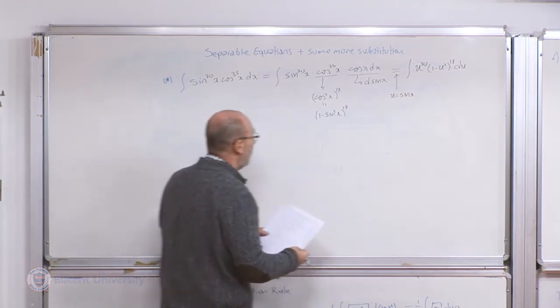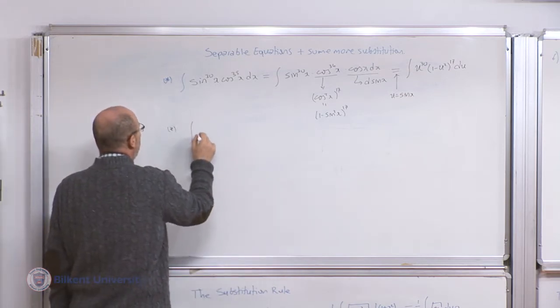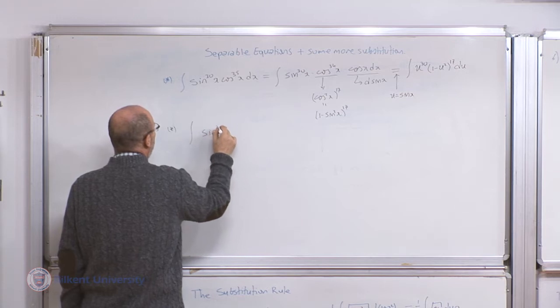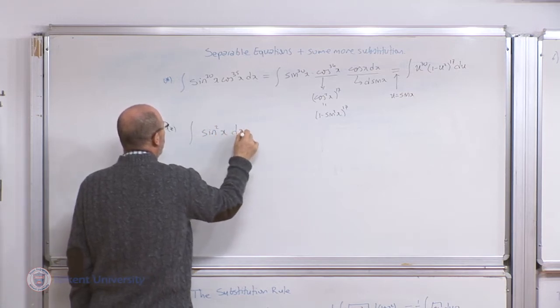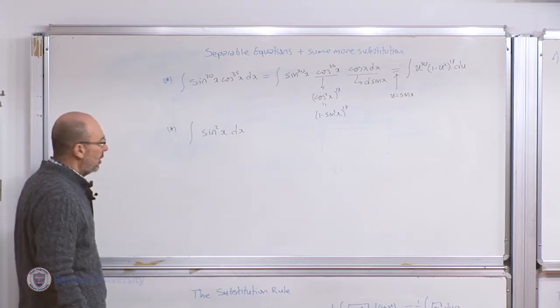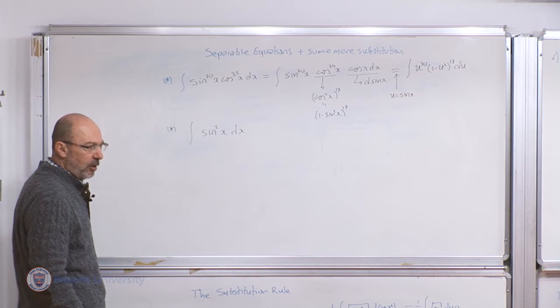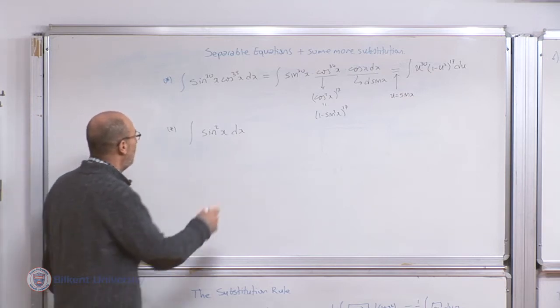Okay, so another thing we want to do with sines and cosines is the following. Suppose you just have sine square x. Okay, so in these cases we use the half angle formula. This is again a trick that you have to use immediately when you see sine square or cosine square.